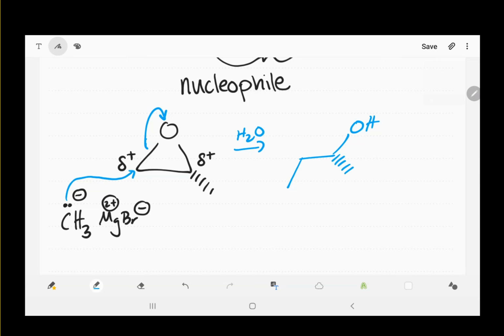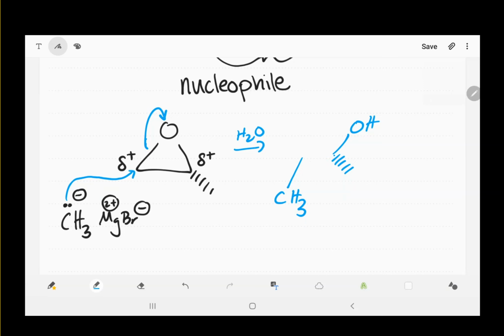So as a result, we've just now added this CH3 to our molecule, using it as a Grignard reagent. Okay, so it works like any other nucleophile, got that negative charge ready to attack something that's got a positive charge, or a partial positive, and so it's happy to latch onto this molecule. So now we've made a new carbon-carbon bond.